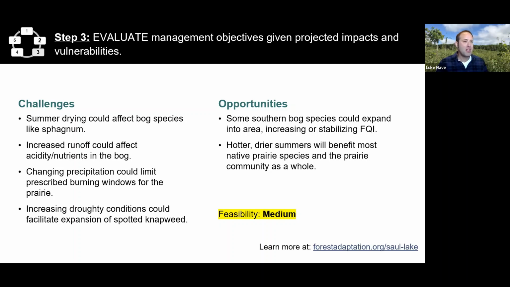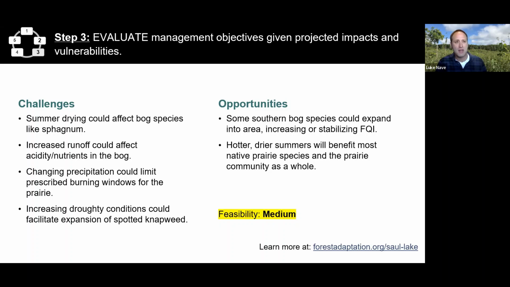And a fourth challenge that they identified at the whole project level related to climate change was that the increase in drought conditions would potentially have the effect of increasing spotted knapweed invasion.